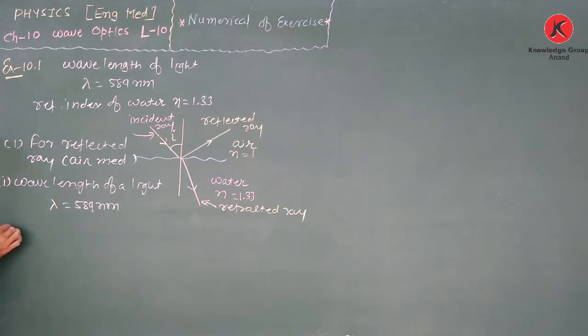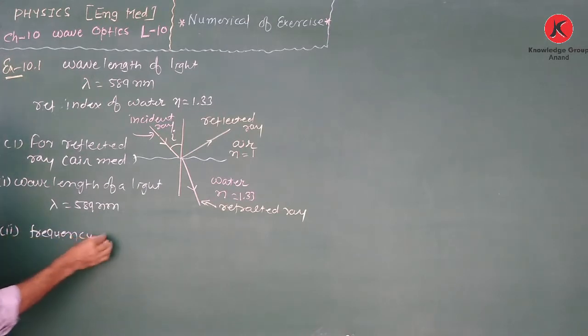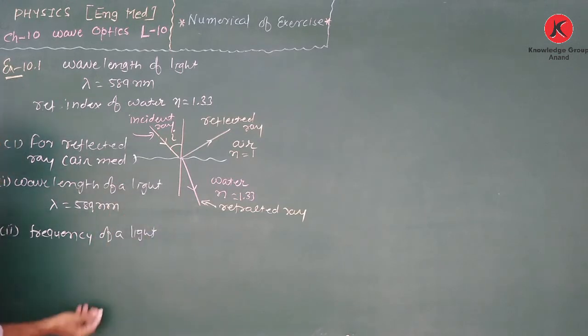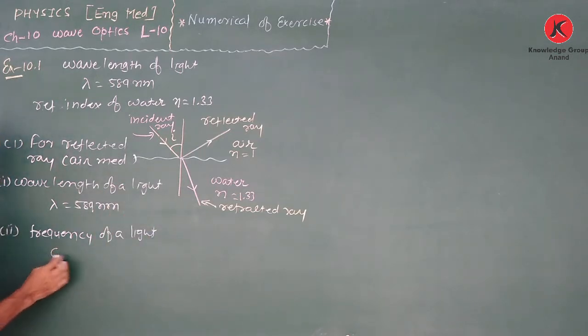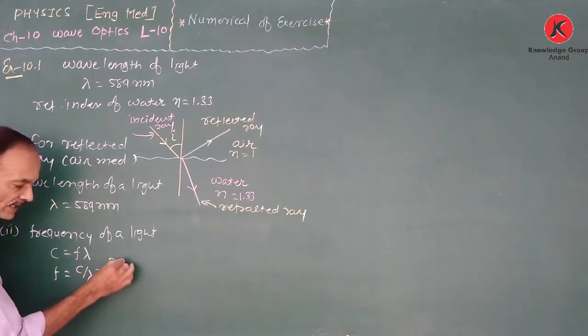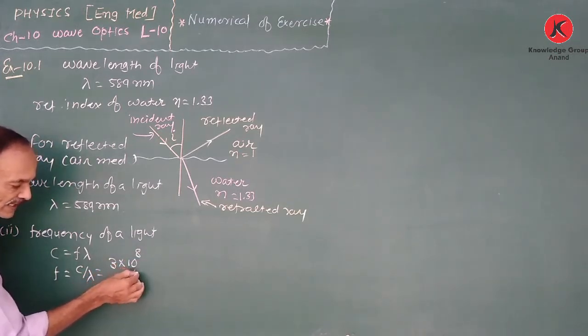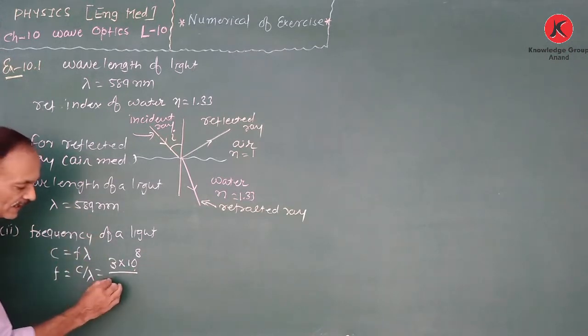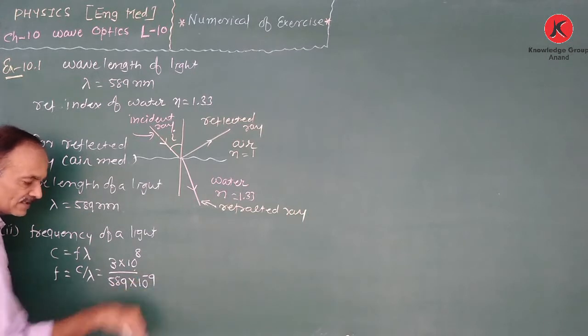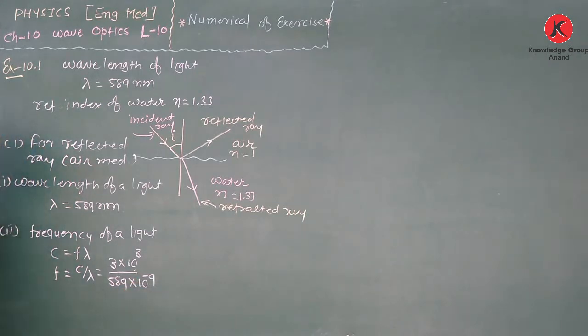Second, the frequency of the light. We know that c is equal to f lambda. Therefore, f is equal to c by lambda. c is equal to 3 into 10 to the power 8, and lambda is equal to 589 nanometer, converted into meter, so into 10 to the power minus 9.